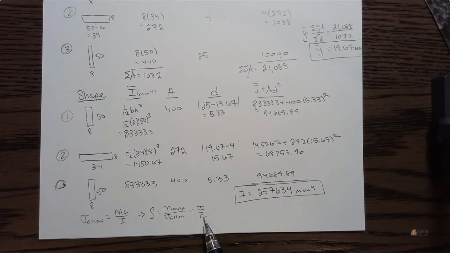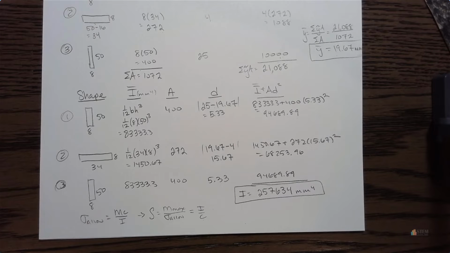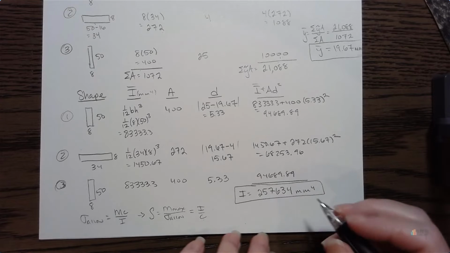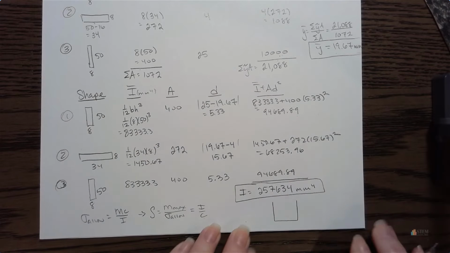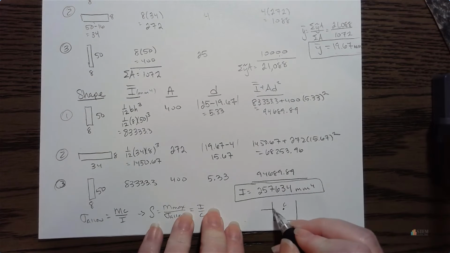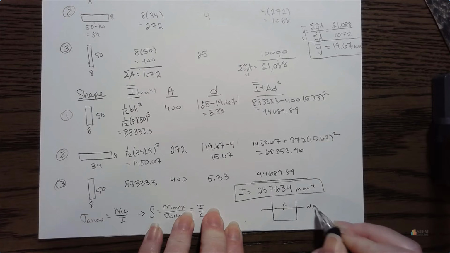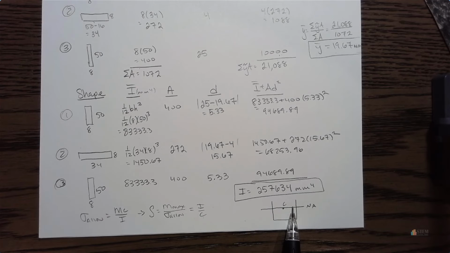Now, this C, remember what C is. C is your distance to the edge of your body measured from the neutral axis. Okay, so if we were to draw this representation, and let's say this is C, then our neutral axis is going to go through here. Remember, at the neutral axis, the stress goes to 0.